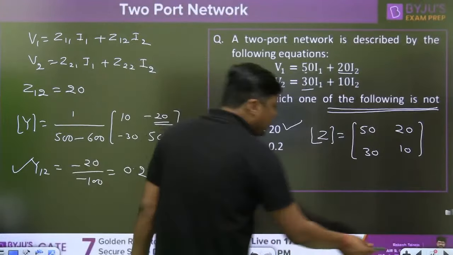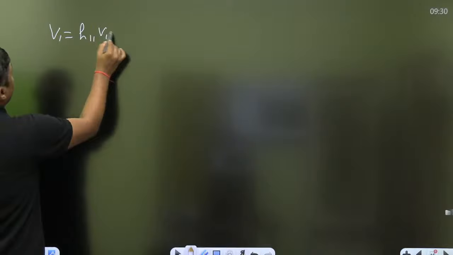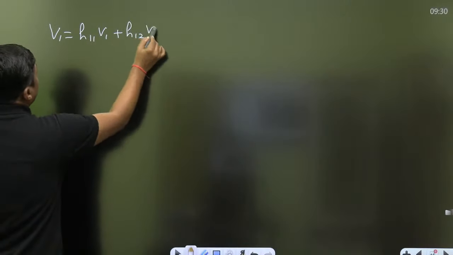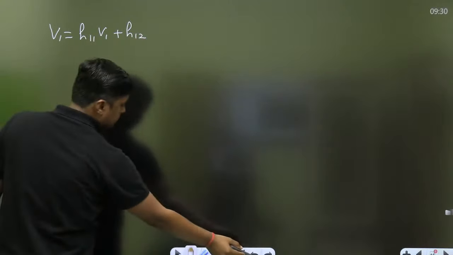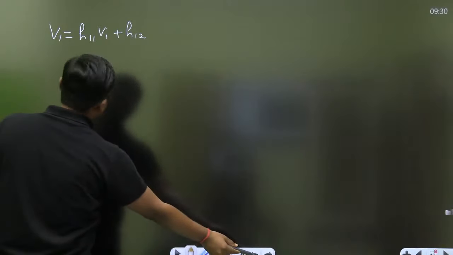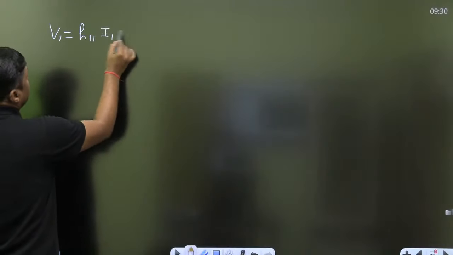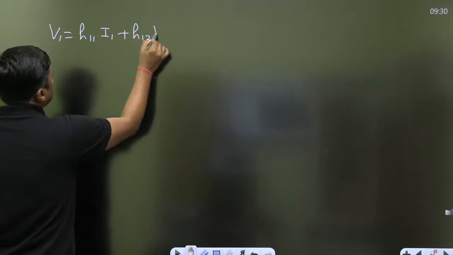Now how to find the H12? If you want to find the H12, remember what the hybrid parameters are. V1 is equal to H11 I1 plus H12 V2.